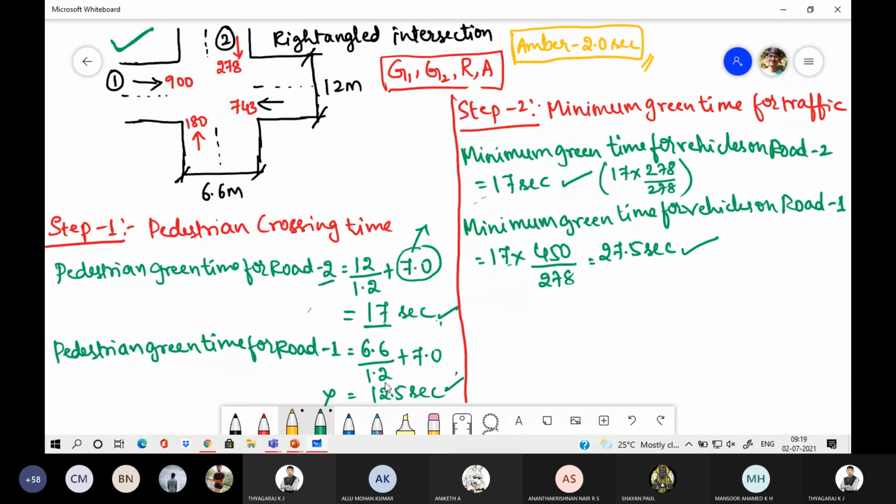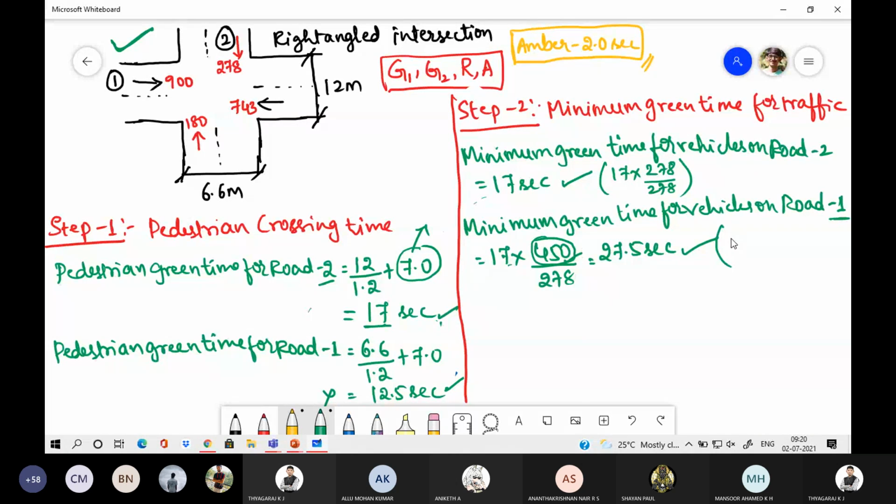But here we have got 12.5 seconds for road 1. We have to consider the traffic running on road 1. Since we are calculating it for road 1, we have to consider road 1 traffic.